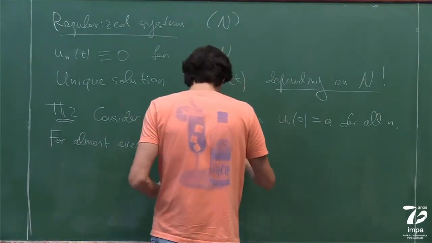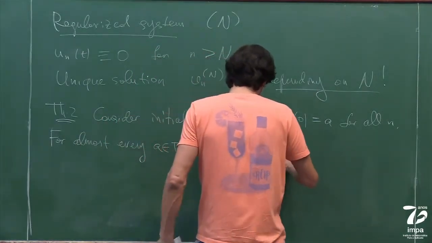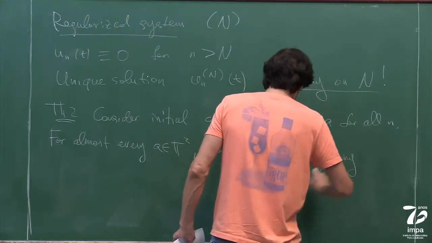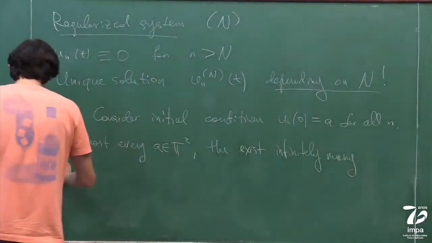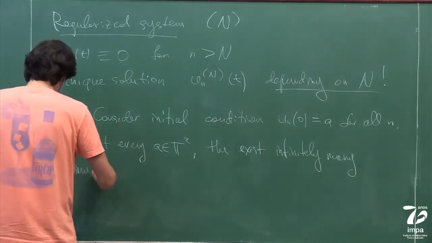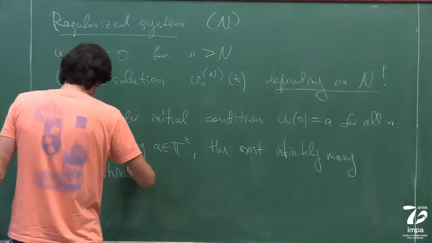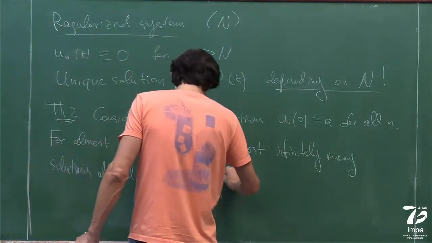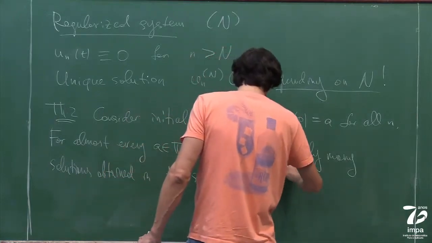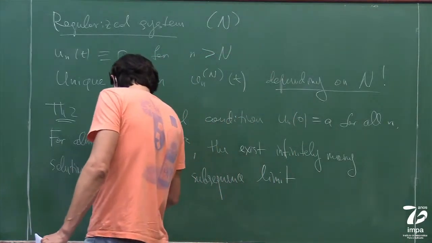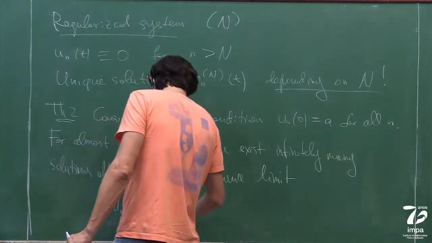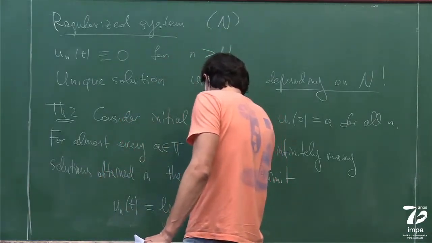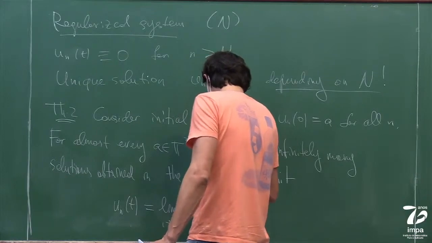there exist infinitely many solutions obtained in the subsequence limit: u(t) equals the limit, as i goes to infinity, of u_{N_i}(t).